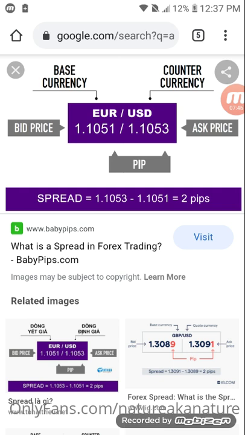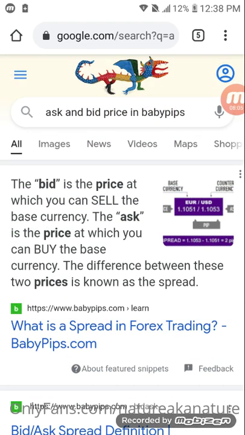If you're saying euro is going to go up over USD, you would sell at the bid price of 1.1051.